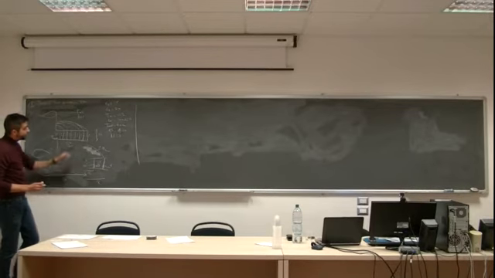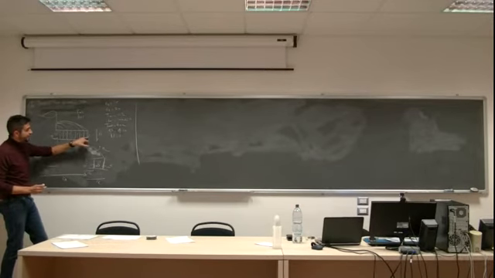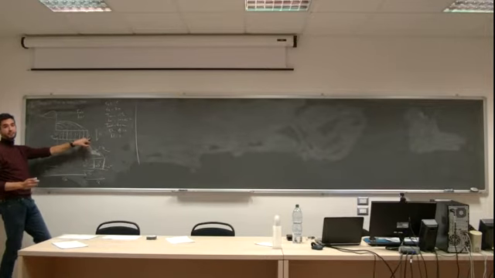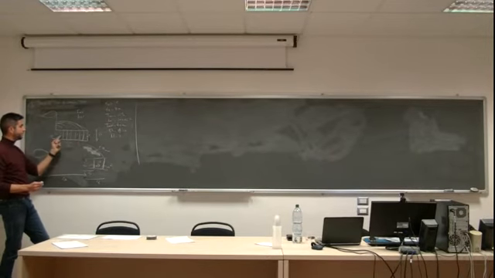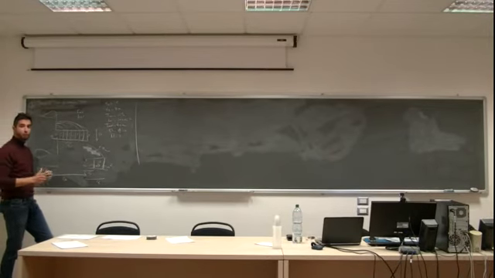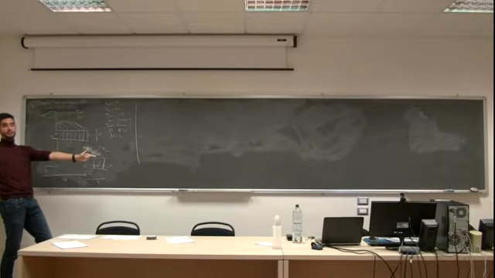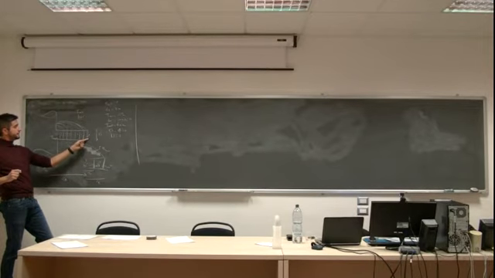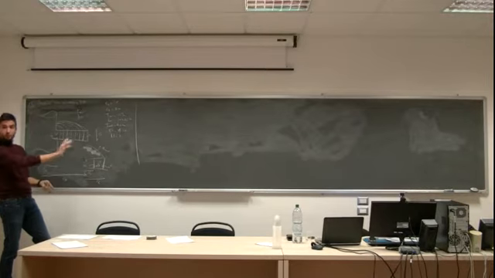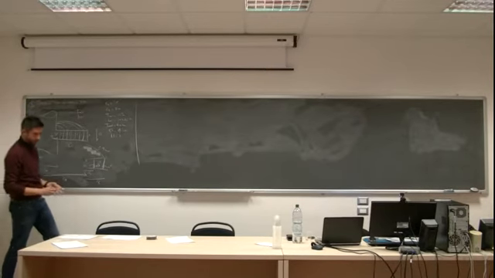That's it. Now the equation of node 7 will be slightly different, because all the other nodes will have conduction from the west, conduction to the east, and convection. But this node will have conduction only from the west part. So it will be slightly different.